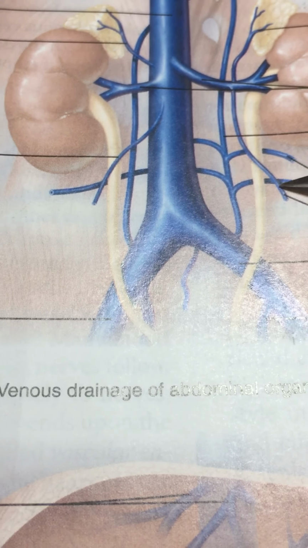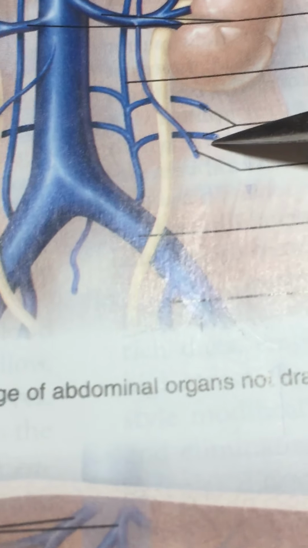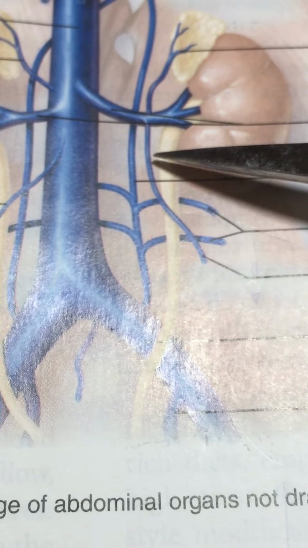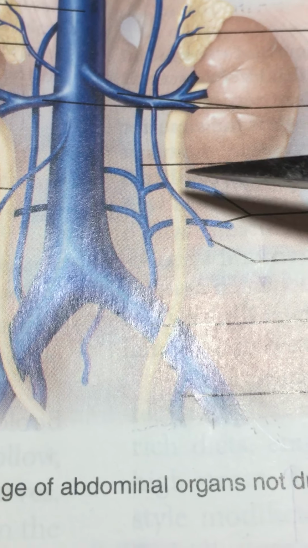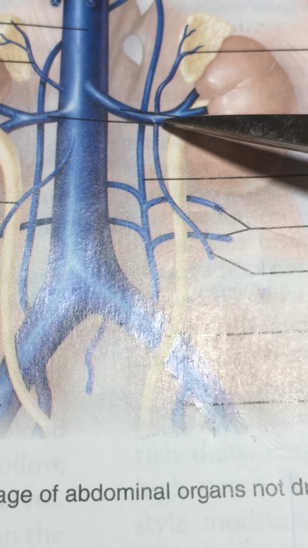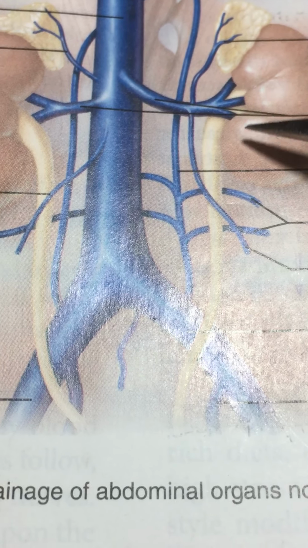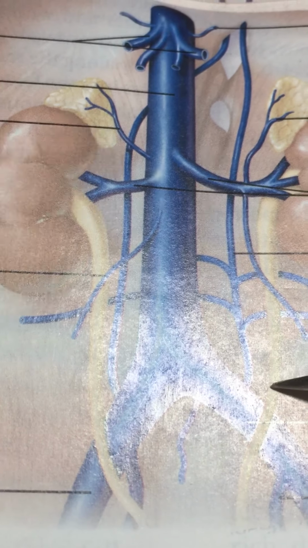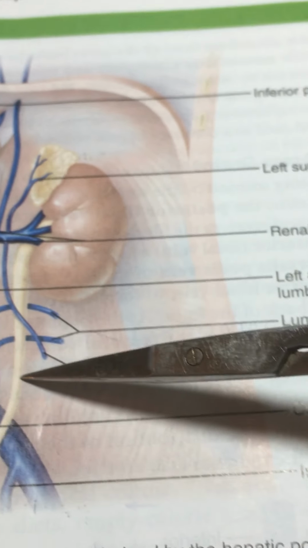And notice that it's not going over here. Notice that instead it's actually emptying here into this very elongated left renal vein. Wouldn't that be something if it turned up on a quiz, which it does turn up on a quiz. Okay, so I just need you to sort of be aware of that.